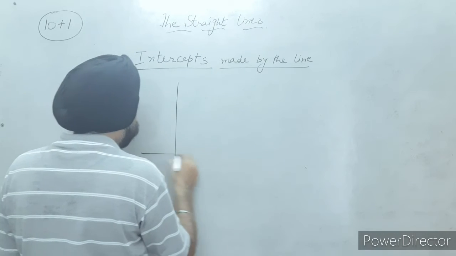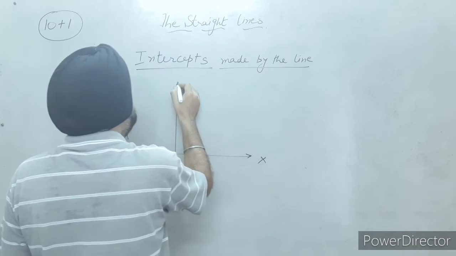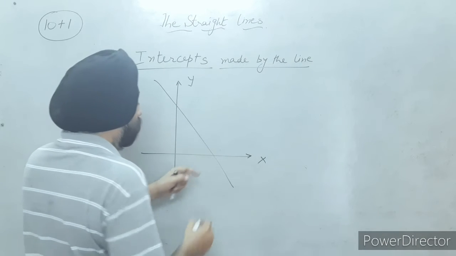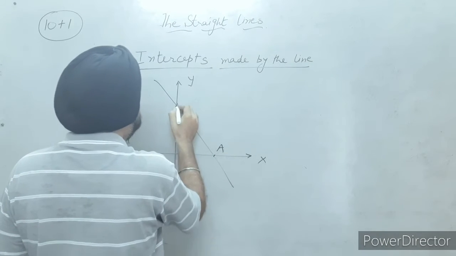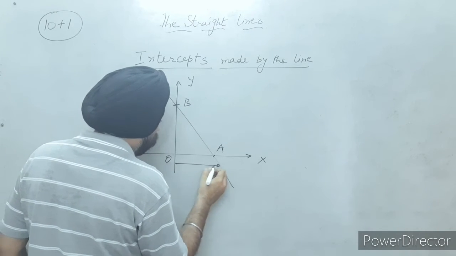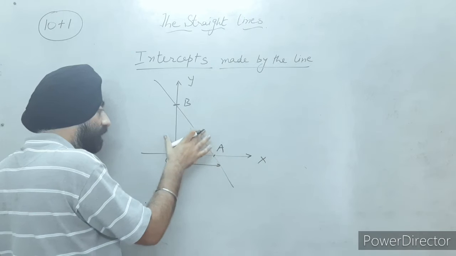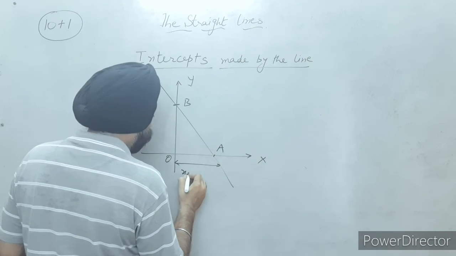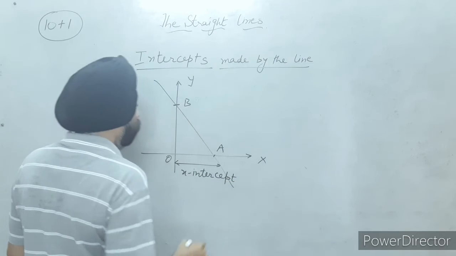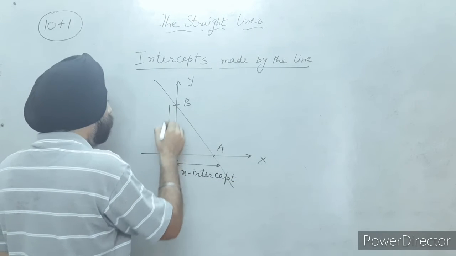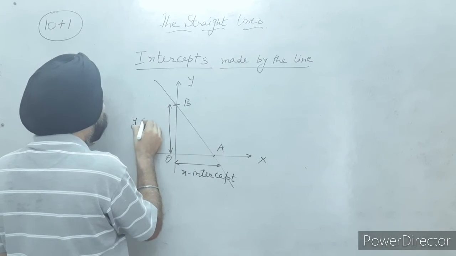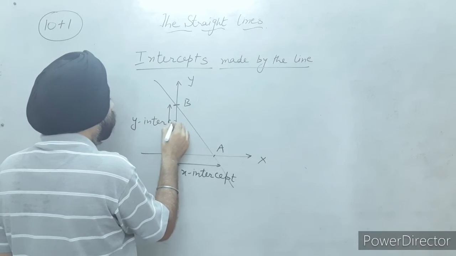Say I have these two axes, x-axis and y-axis. The line cuts both the axes at points A and B. The portion which the line cuts on the x-axis is called x-intercept. This part which the line cuts on the y-axis is called y-intercept.